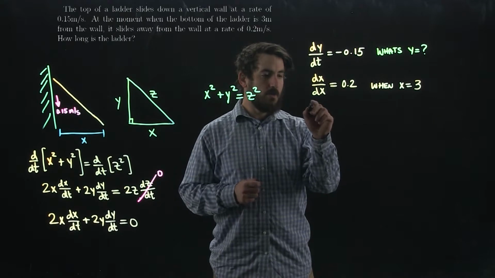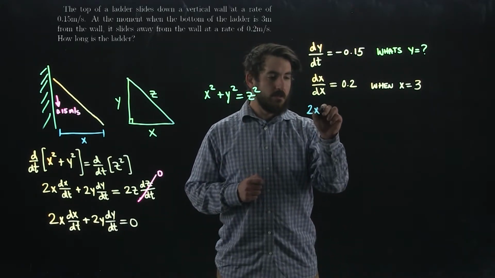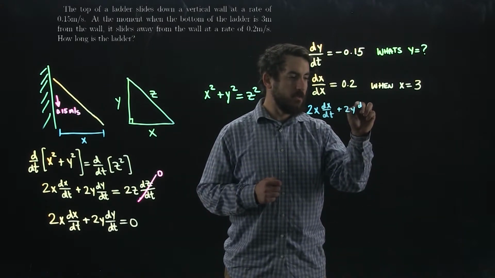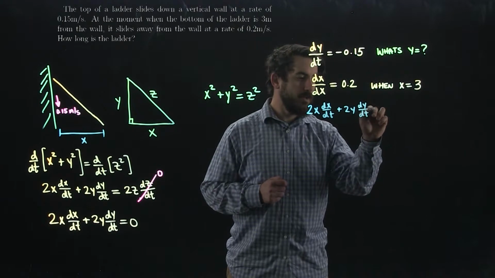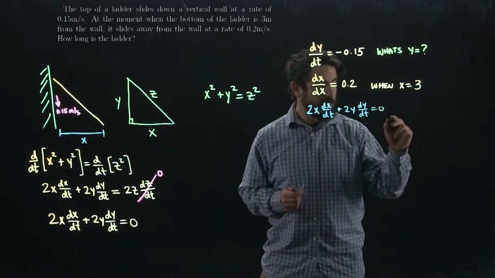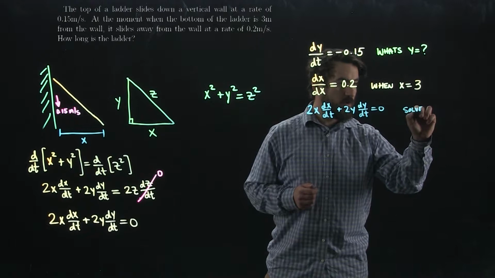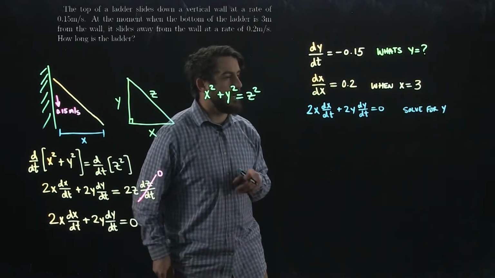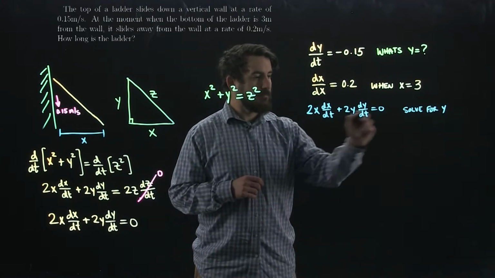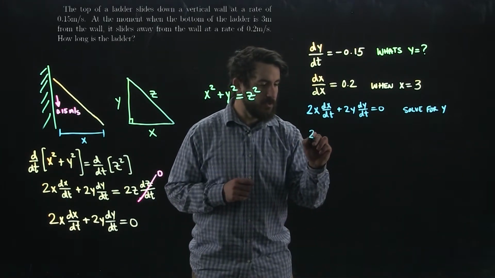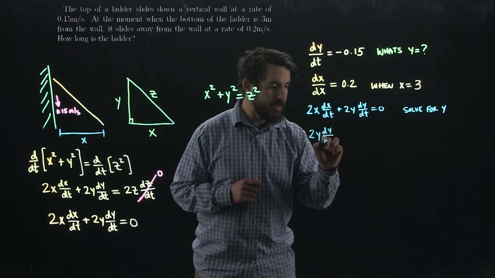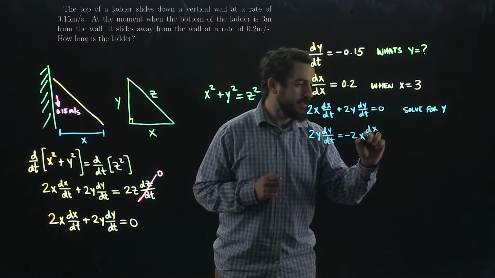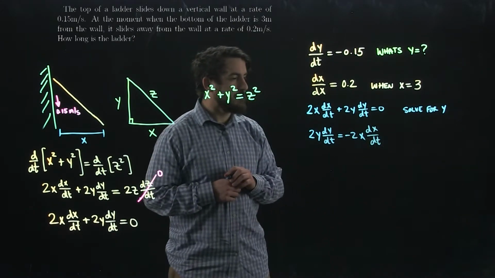So again, I know 2x dx/dt plus 2y dy/dt equals 0. I want to solve for y. So I'm going to bring everything to the right. So that's going to be 2y dy/dt equals negative 2x dx/dt.